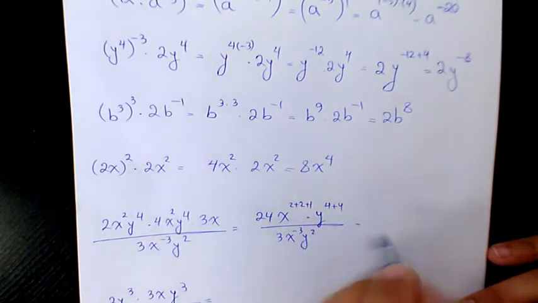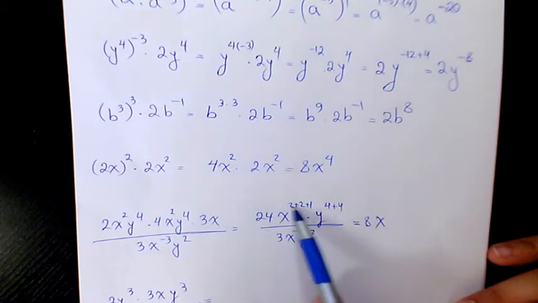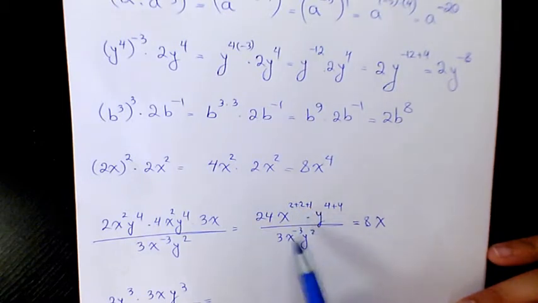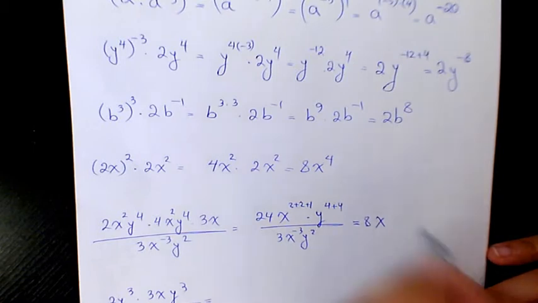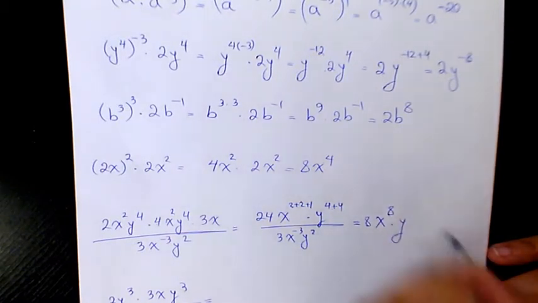So 24 divided by 3 is 8. x is going to be 2 plus 1, which is 3, then 3 minus negative 3 is going to be 6. Y to the power of 8 minus 2 is going to be 6.